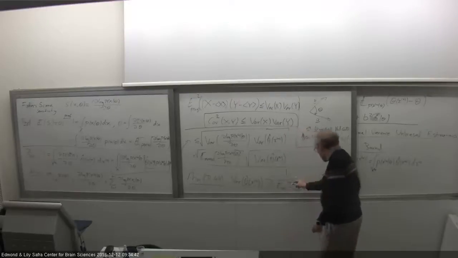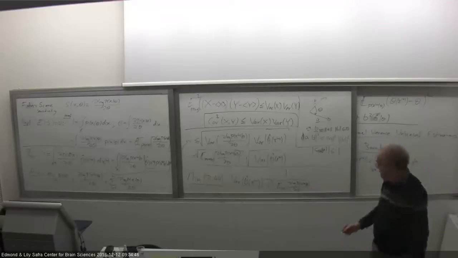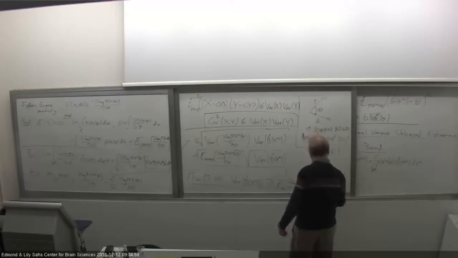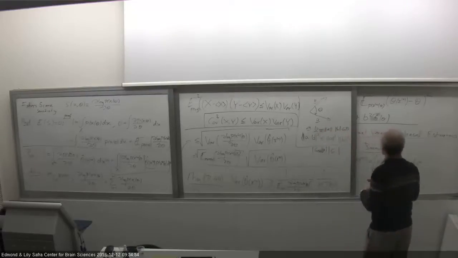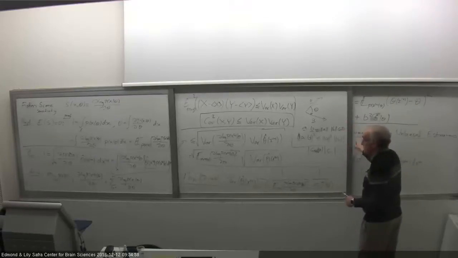But this score with n samples is precisely n times the integral, as I said before. So this is simply 1 over n times something we call J of theta, where J of theta is just the expectation with respect to one sample.